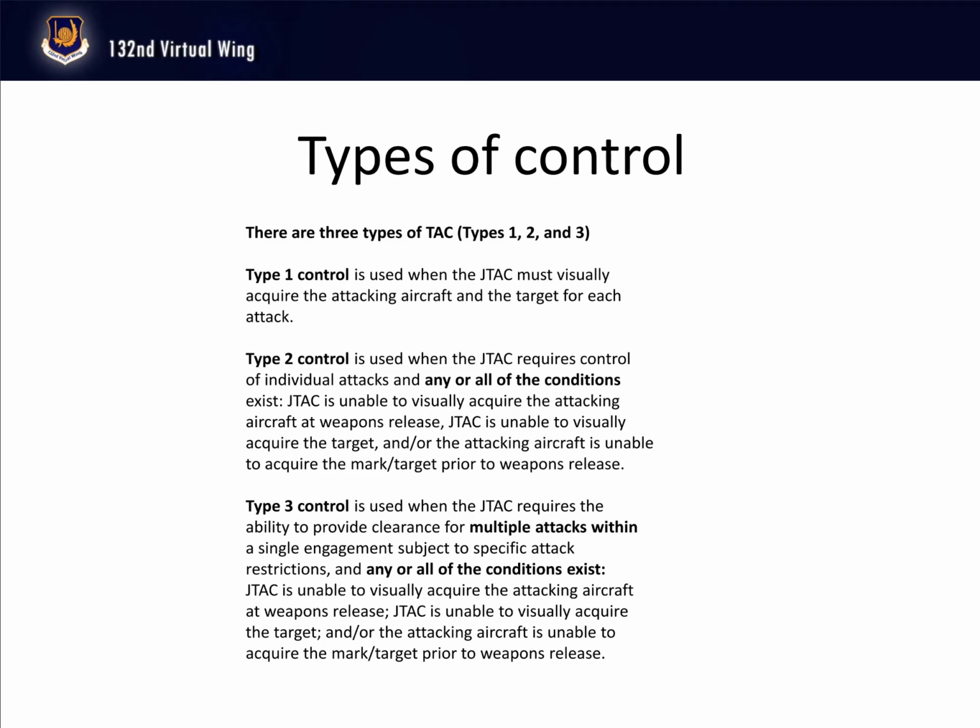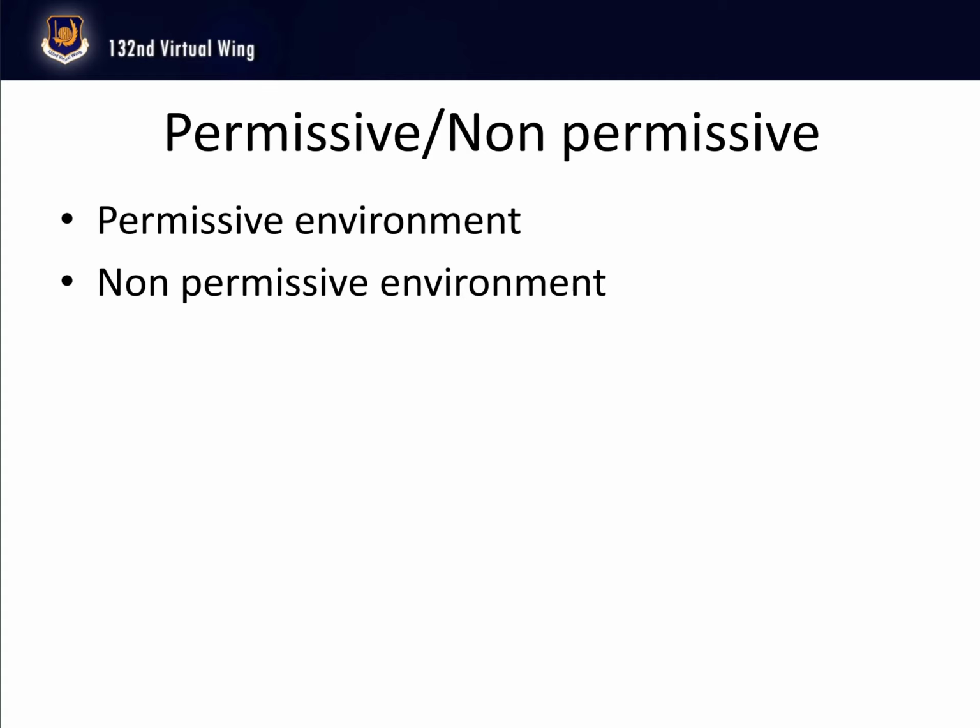Okay, slide 5. Permissive environment or non-permissive environment, it relates to the anti-air threat from hostiles in the vicinity of the battlefield. If we have SAMs, of course it will be a non-permissive environment.